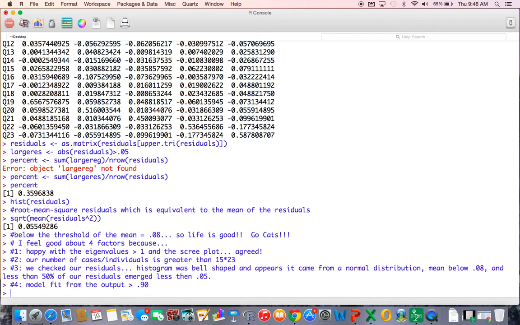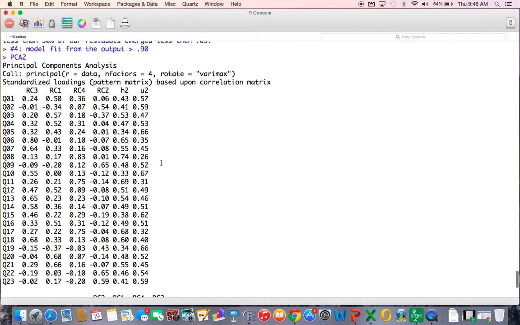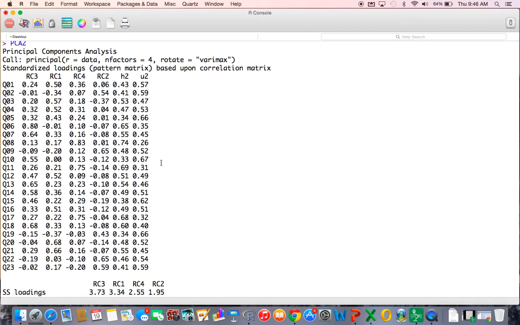Now, our orthogonal rotation is really cool, so to speak. But I want to examine this further. So I called this PCA2. I want to go into this and look at things a little more closely.